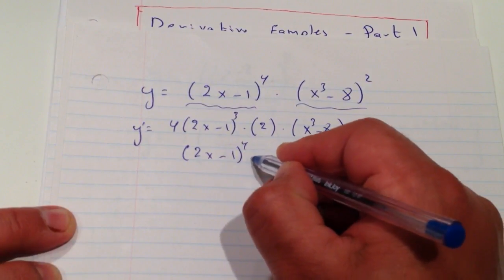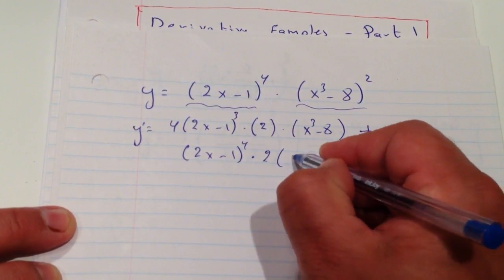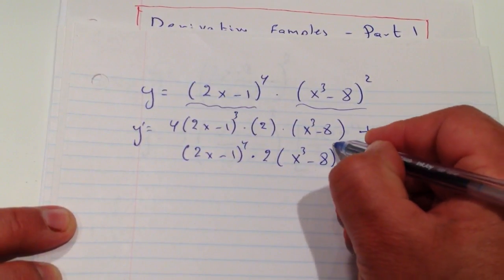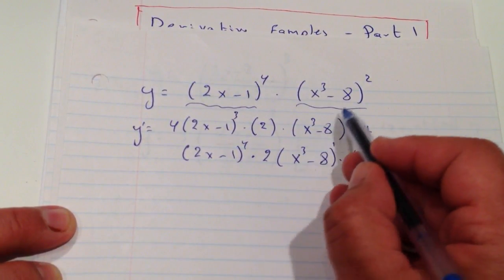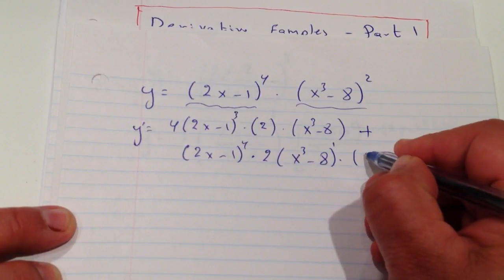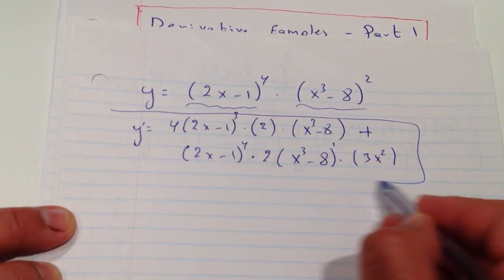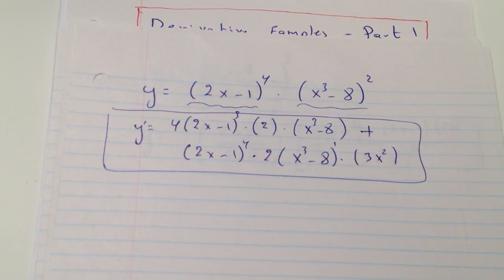So it will be multiplied by 2 multiplied by (x cubed minus 8), 2 minus 1 is 1, multiplied by the derivative of the inside function, which is 3x squared. And this is the solution for that function.